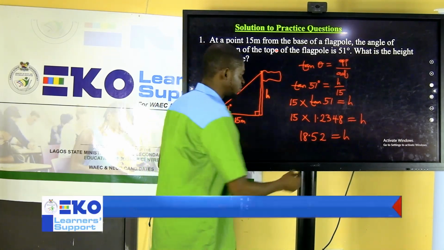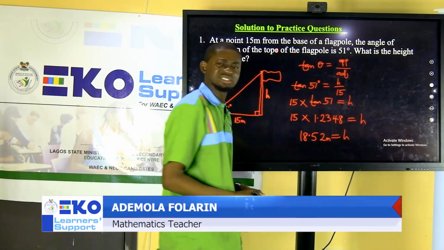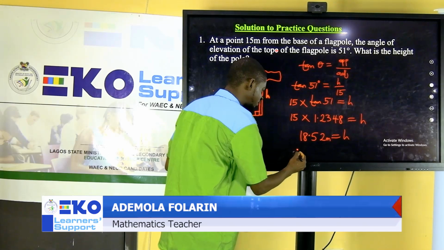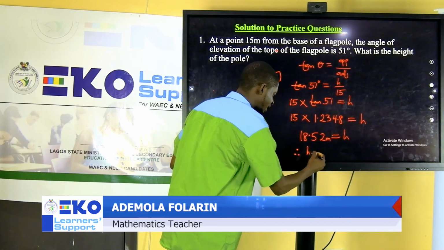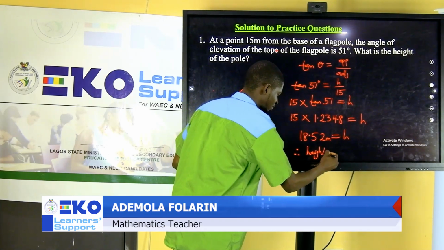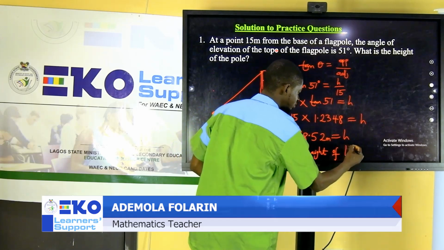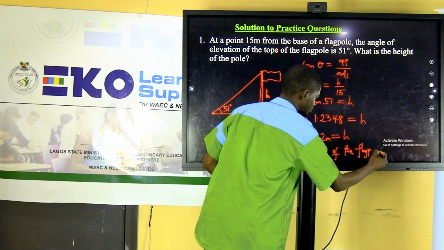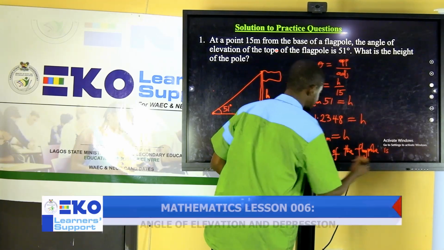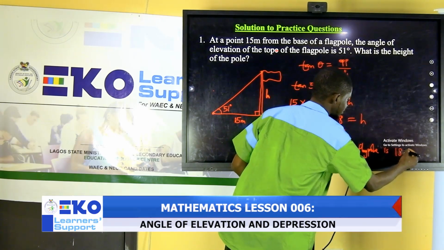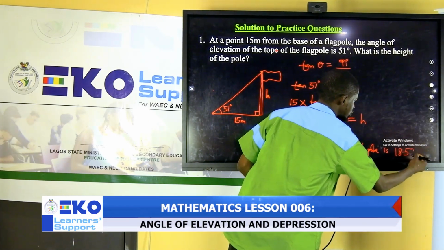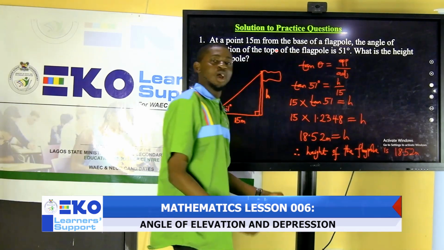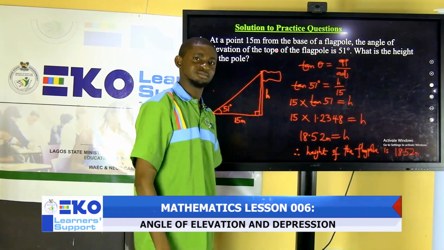Are we asked to approximate? That is not necessary, but it beautifies the work. Therefore, the height of the flagpole is 18.52 meters. If you approximate it, no problem.